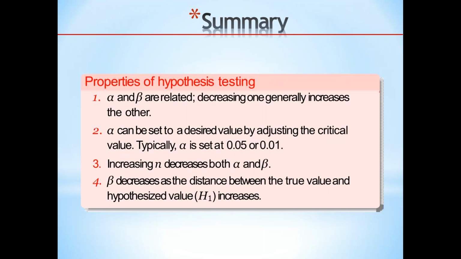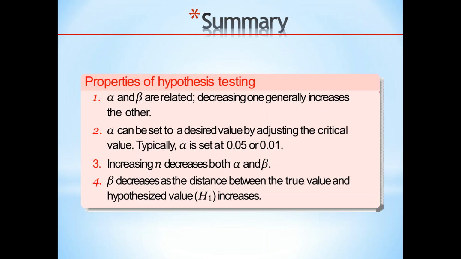So let's talk about the summary properties of hypothesis testing. Alpha and beta are related; decreasing one generally increases the other. The second point is alpha can be set to a desired value by adjusting the critical value.